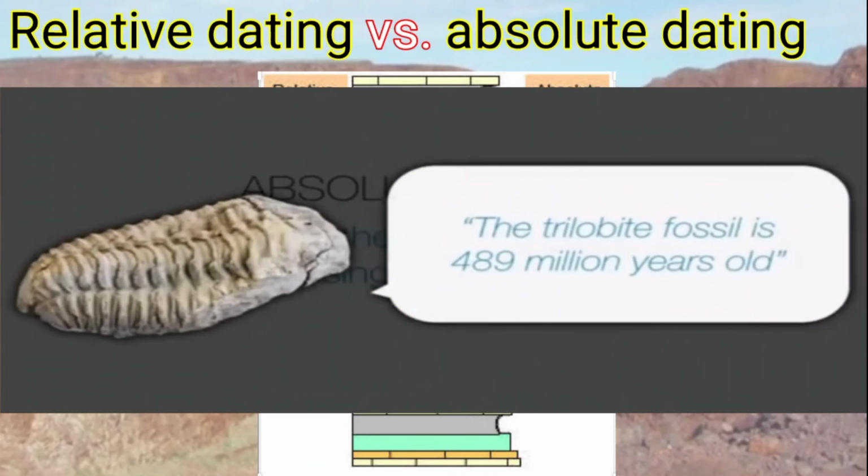Next, the trilobite fossil is 489 million years old. The method being used is absolute dating, in the sense that 489 million years old is in numbers. So that is the actual age of the trilobite fossil.